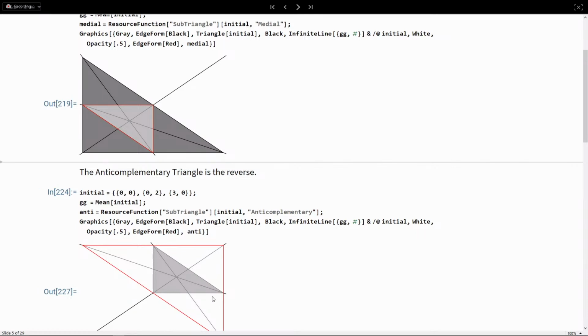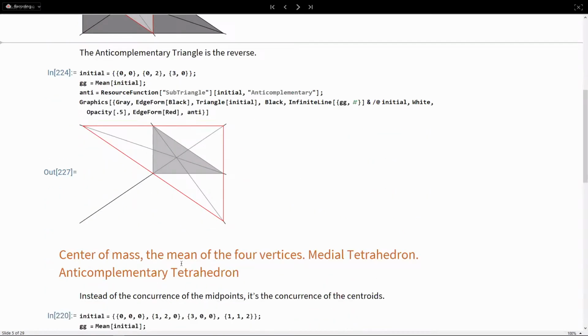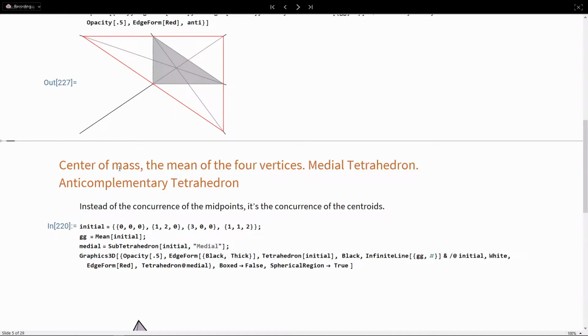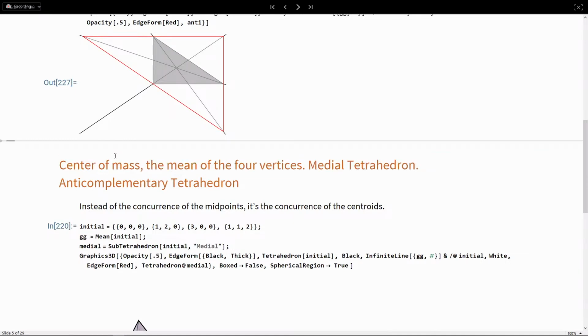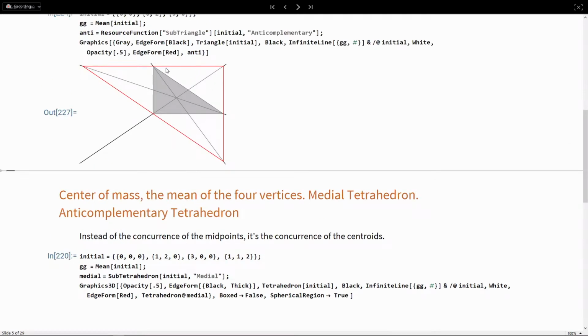We have the original triangle in gray. In red is a triangle whose medial triangle is the original triangle. The median is basically a center of mass. With a line segment, it's a midpoint, but for a triangle, it's the centroid.